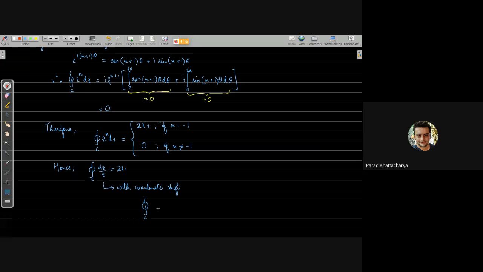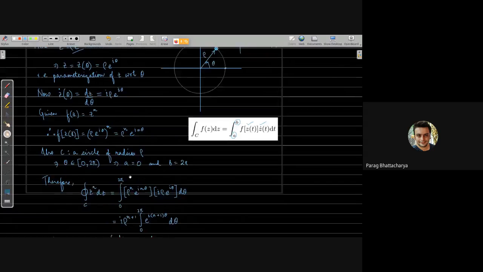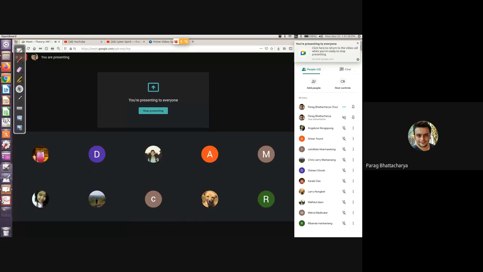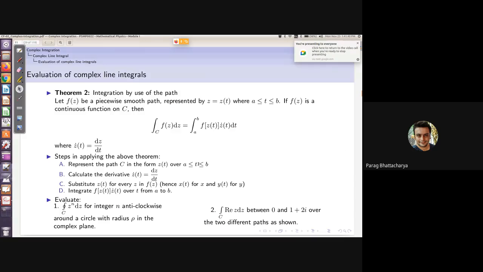So the curve C, and then you perform the integration over some other center, that is z minus z naught. This result also will in general be equal to twice pi I. So that's basically how you can solve this using parameterization. This is the result using parameterization.